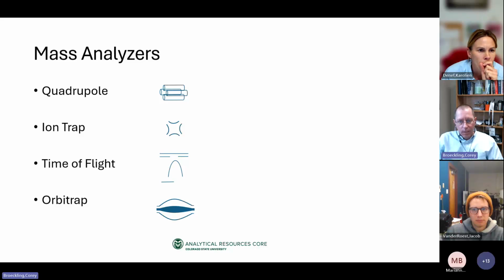I don't want this to be a talk on mass analyzers, but I need to introduce them because tandem mass spectrometry is really a hybrid type platform, and we're going to need to understand the mass analyzers at some level to understand tandem mass spectrometry. And so we'll talk a little bit about these four mass analyzers: a quadrupole, an ion trap, a time of flight, and an orbitrap. And I use these schematics, these sort of cartoon versions of the mass analyzer itself, in many of the figures that we'll see throughout the talk today.